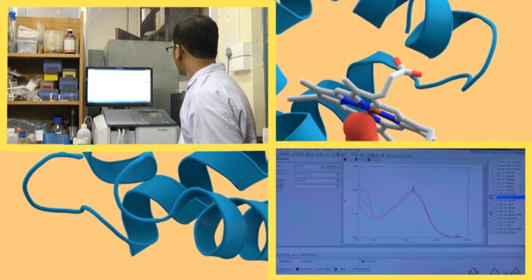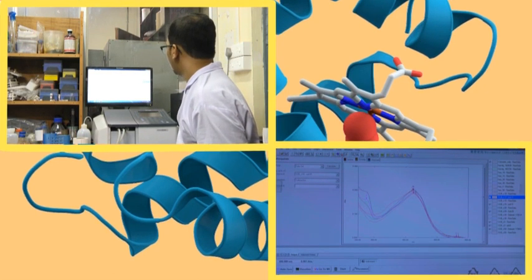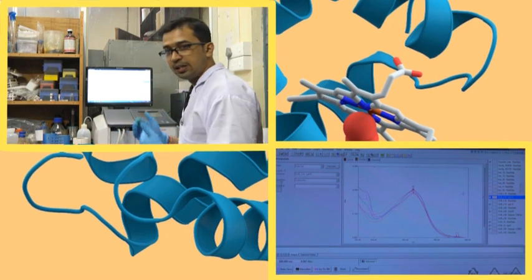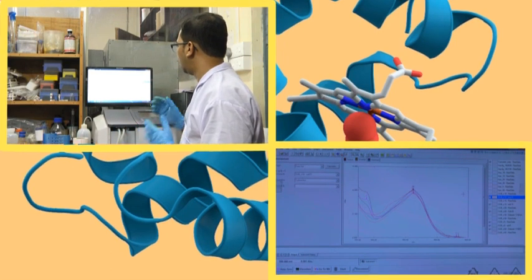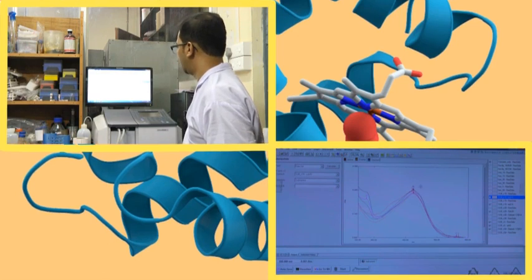For convenience, I am showing this line, this red line, which has a particular absorbance value. Now, some absorbances are getting decreased, some are increased. Okay, in this region some are getting decreased, some are getting increased.